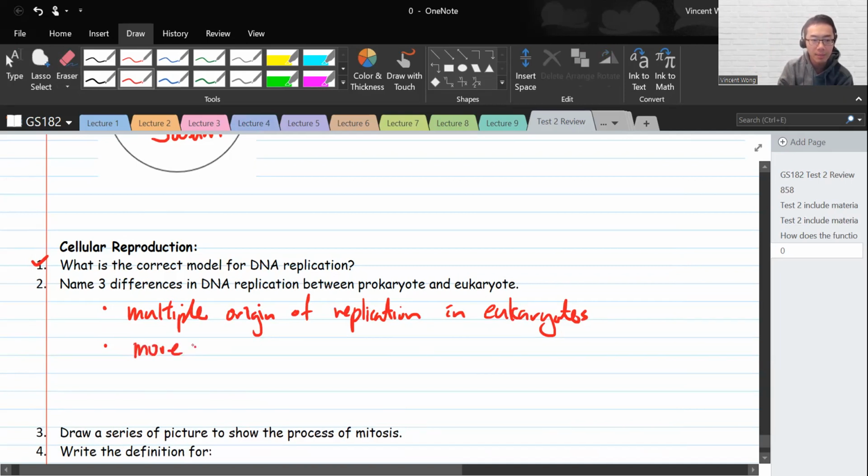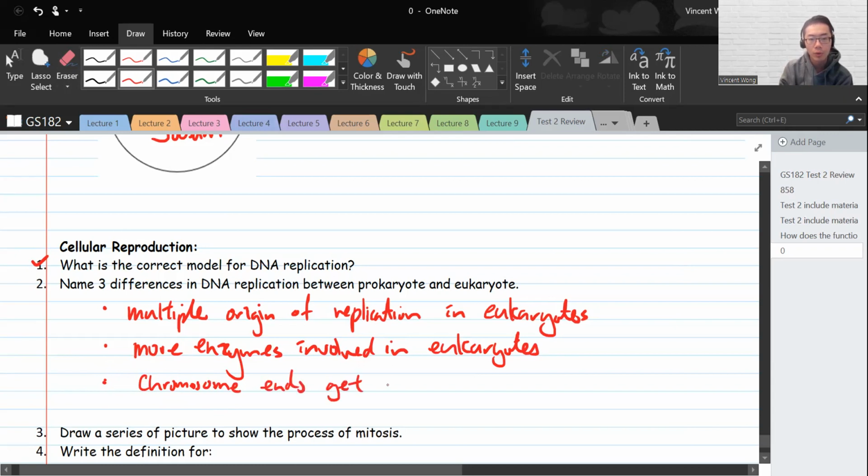There are more enzymes involved in eukaryotes, right? And also, chromosome ends get shorter every time DNA replicates.